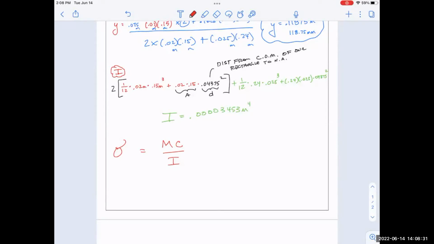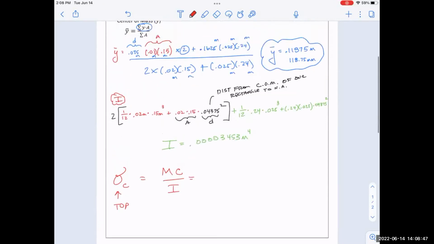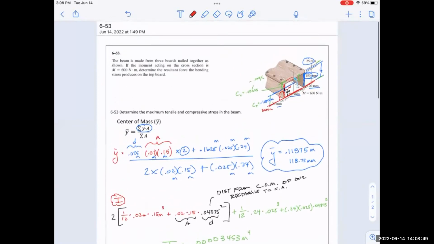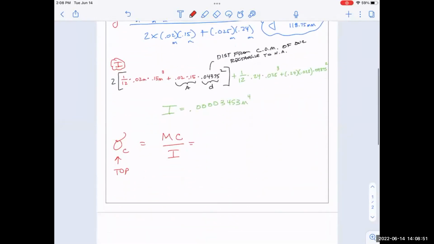Now, let's do the top first. So again, I hate the fact that we're using C twice, but there's two different answers this time. So let's do the compression. Let's do the top. So we were told the moment in this was 600 Newton meters. I wonder if we'll need to change that. 600 Newton meters times c.